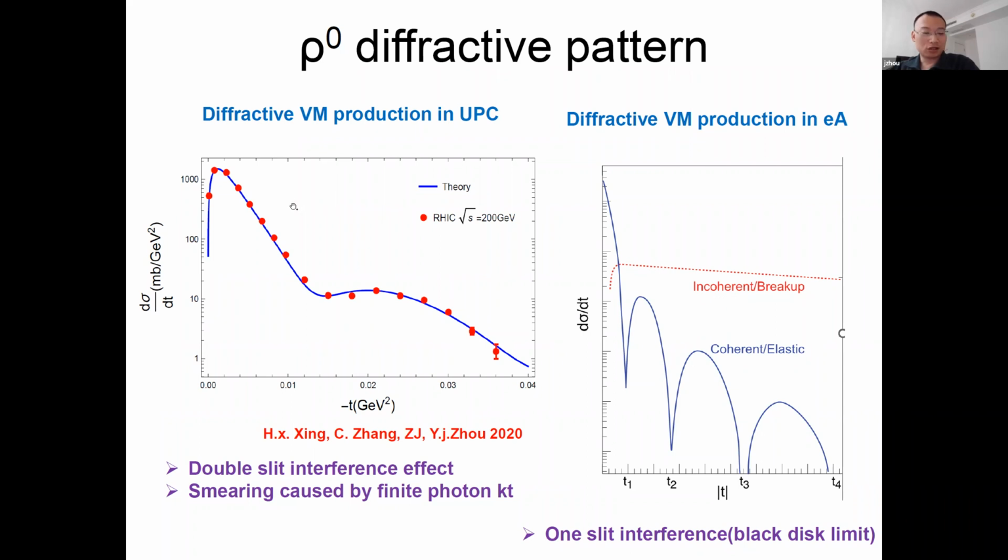The double slit interference leads to this dip structure at very low transverse momentum. The double slit interference effect gives destructive interference at very low transverse momentum at mid rapidity.